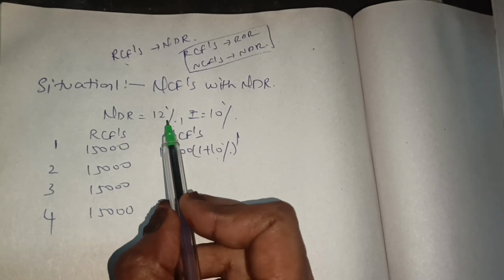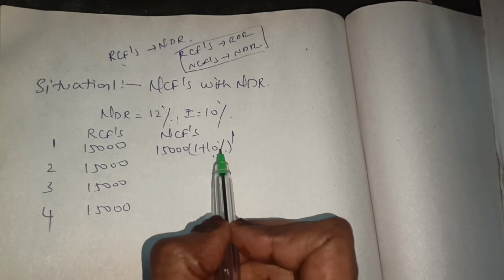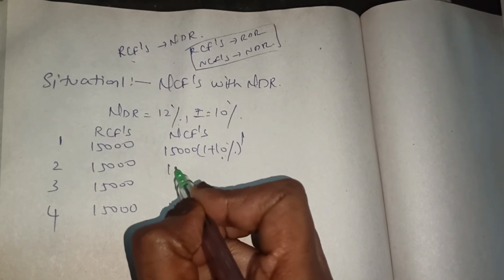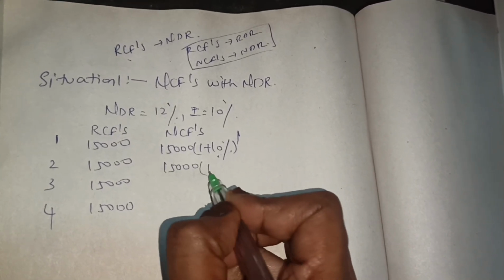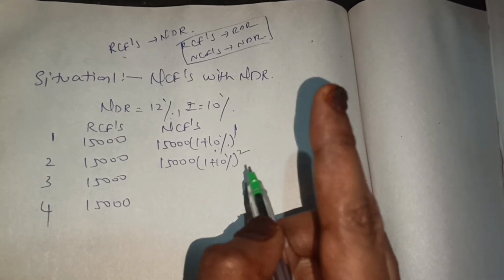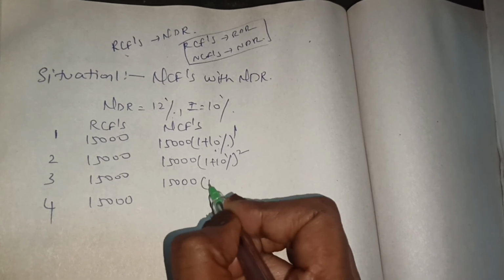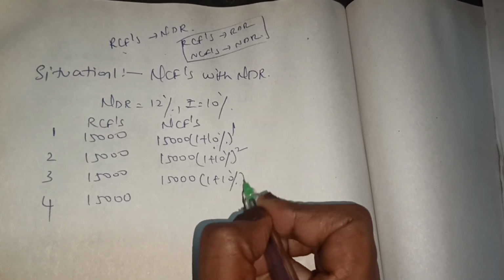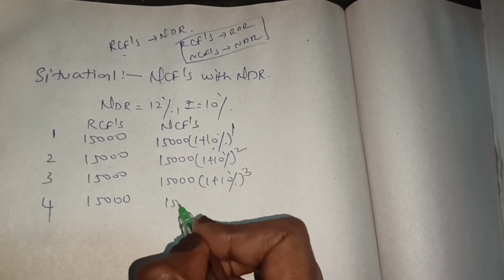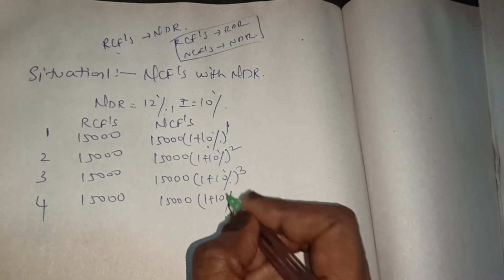Here you should not add discounting rate, you have to add inflation. Please be clear here. For the second year I'll be writing 15,000 into 1 plus 10% whole square. I'll be adding inflation twice. In the third year I'll be adding inflation thrice. For fourth year I'll be multiplying or adding inflation 4 times.